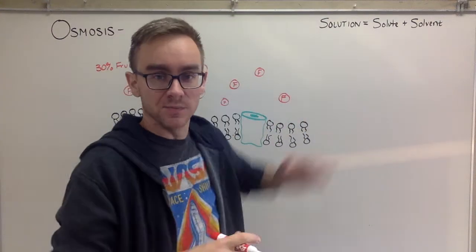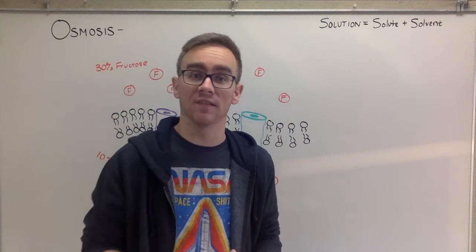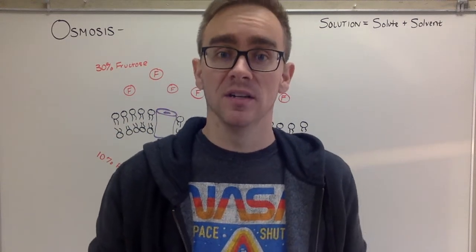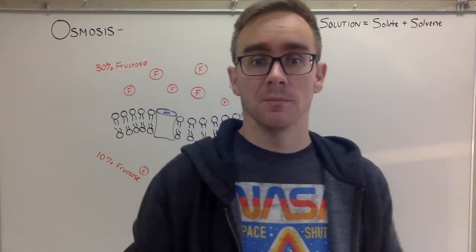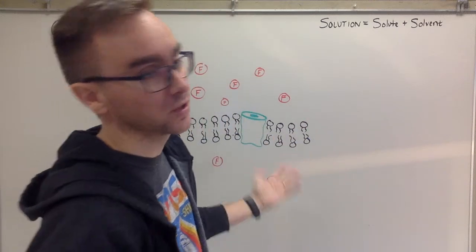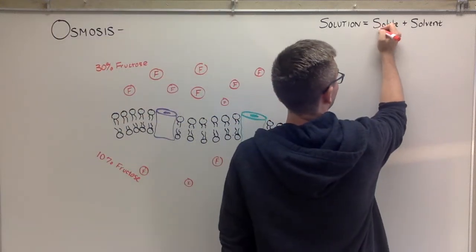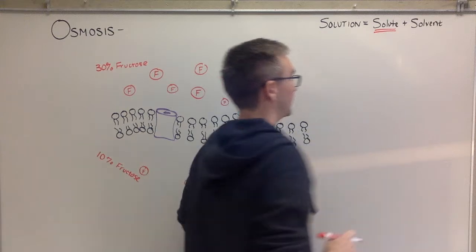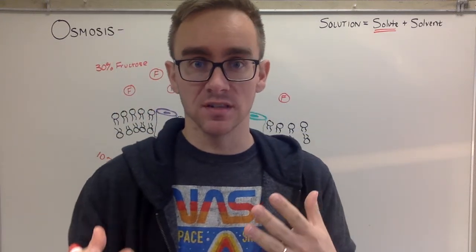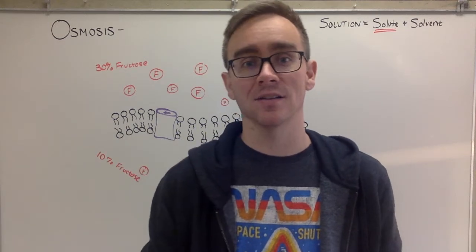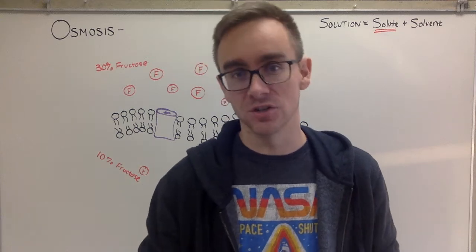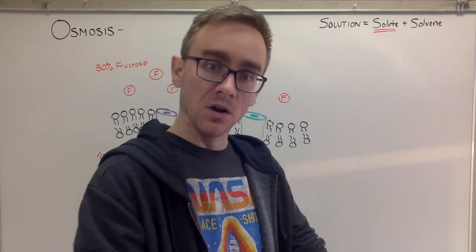Okay, so now I say a solution. Remember, going back to what a solution is, it is made up of 2 parts, the solute and the solvent. Everything we've been talking about so far up to this very moment has been about the solute: oxygen molecules, carbon dioxide, ions, in this case, fructose. And if we've been talking about diffusion, this idea of diffusion is when molecules go across the membrane from a high concentration to low concentration, and it doesn't require any excess energy to do that, right?